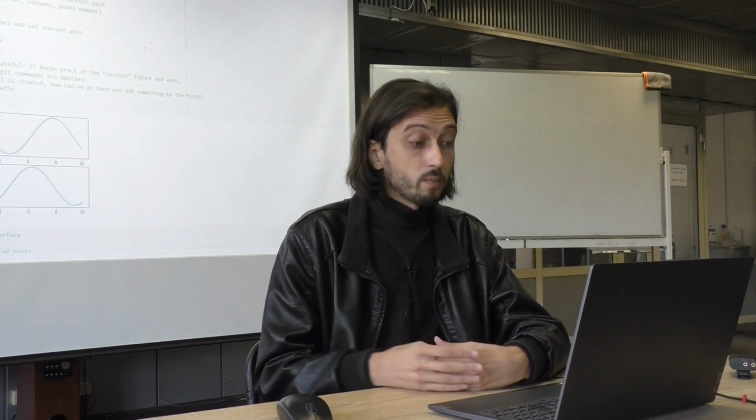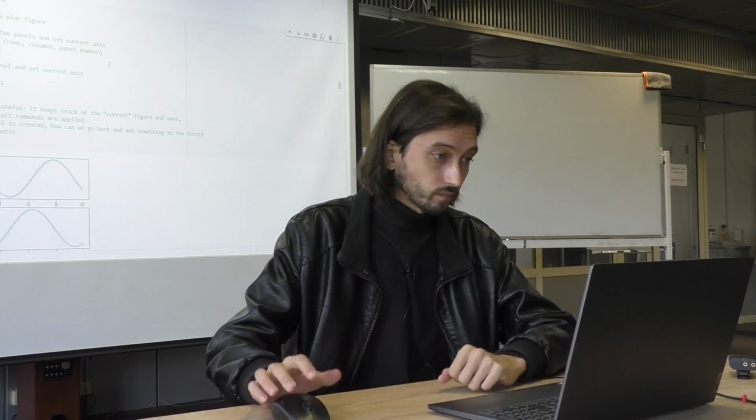So one of the interfaces is a MATLAB style interface, or I like to call it a stateful interface. The other one is more like an object-oriented interface, and I call it a stateless interface. What do I mean by that and how does it look?